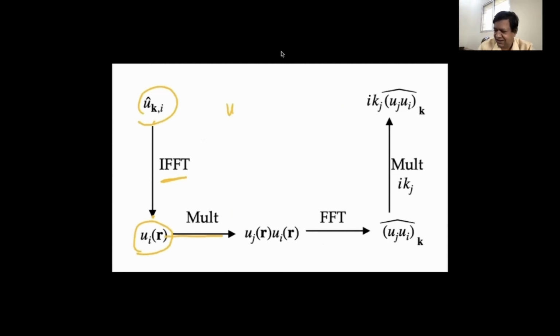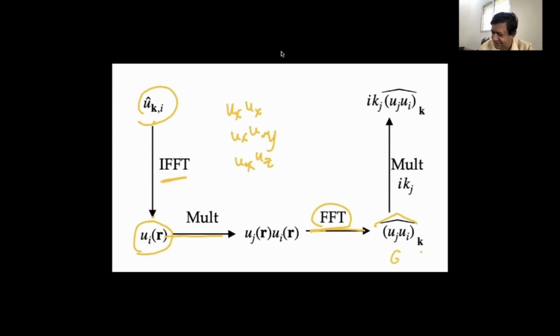So in 3D we have ux ux, then ux uy, then ux uz, and so on. There are 9 of them, but it turns out there's a symmetry: ux uy is the same as uy ux. So you have basically 6. Multiply them, and then you do the forward transform.